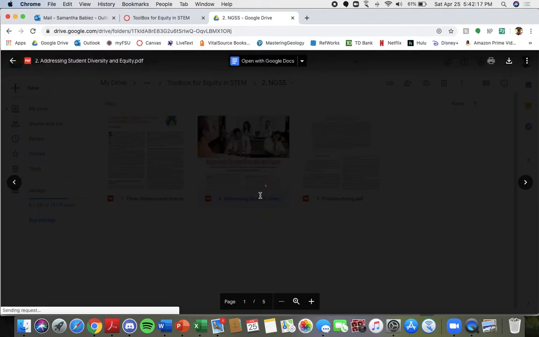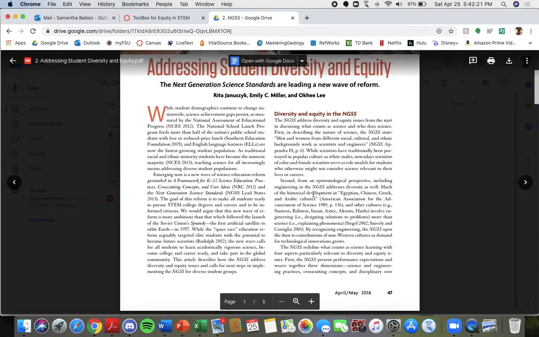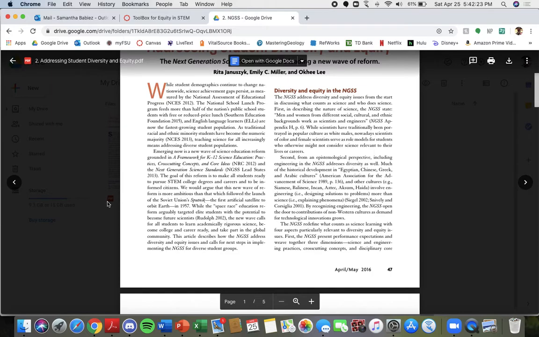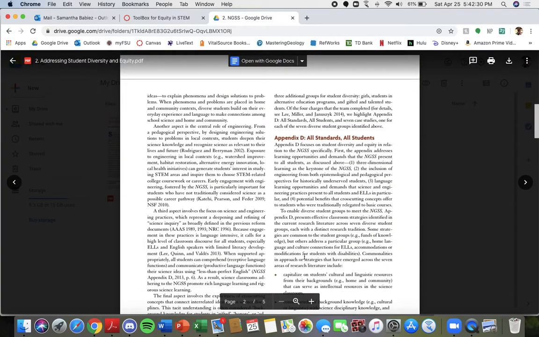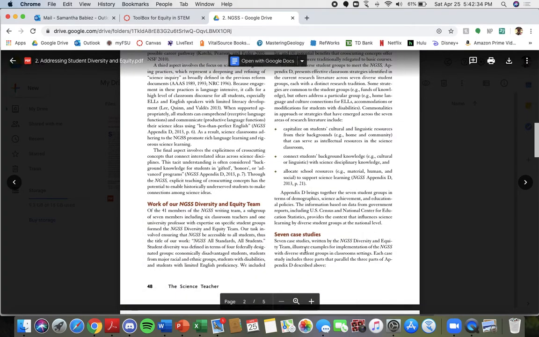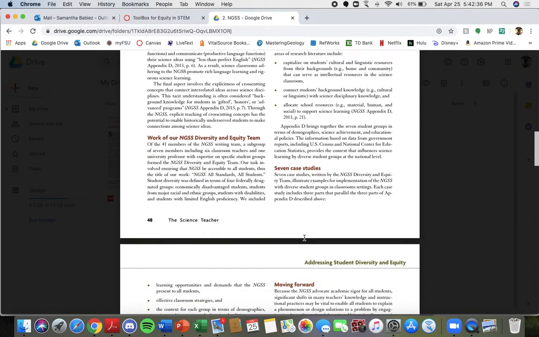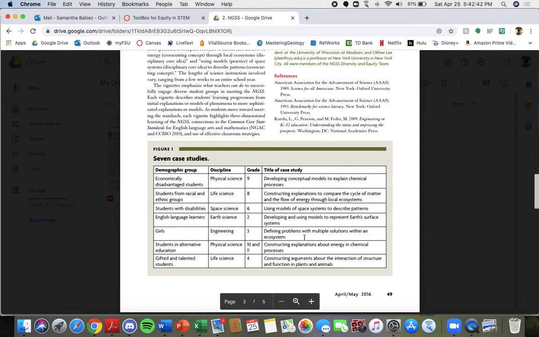The Addressing Student Diversity and Equity article that we read in class is very similar in a lot of ways to the one that we just looked at, the three-dimensional instruction. But this one I feel like focuses on students more, and the other one focuses on teachers more. So this is great to have to be able to reference, to put yourself back into a mindset of, what are your students' needs?